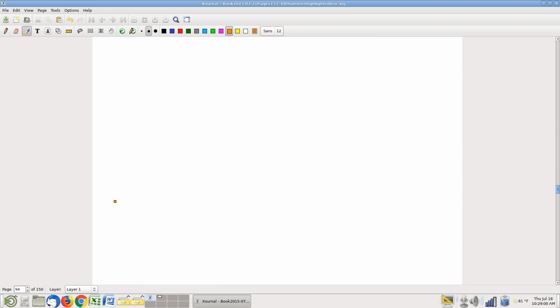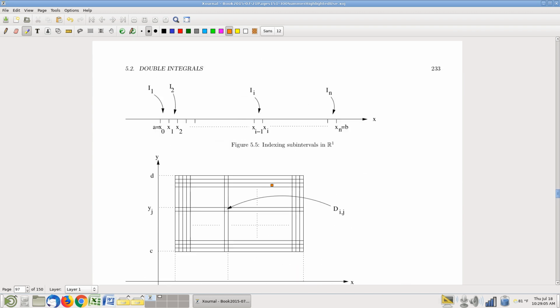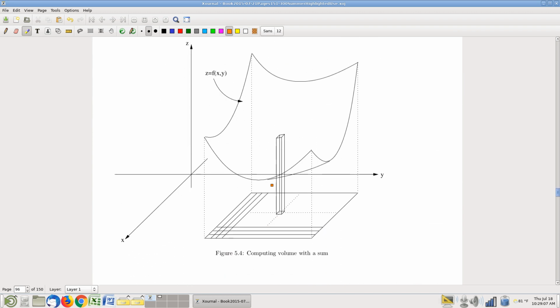And yeah, sure. On this little piece, the amount of volume in here is equal to this area down here. Area is the size of that piece, times the value of some function. What's the function?